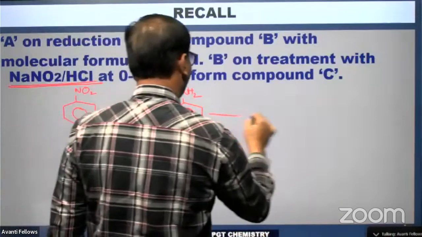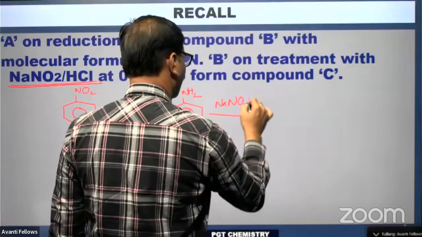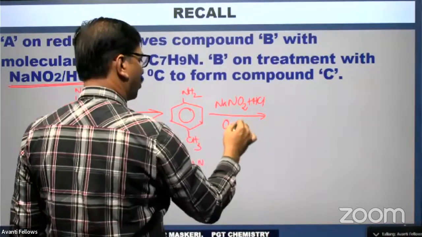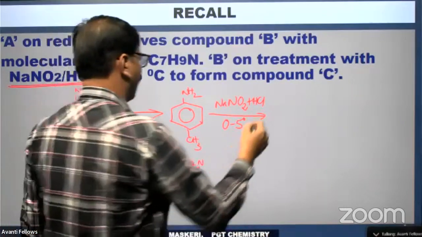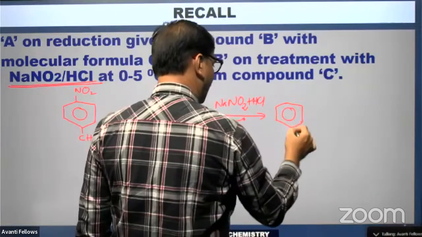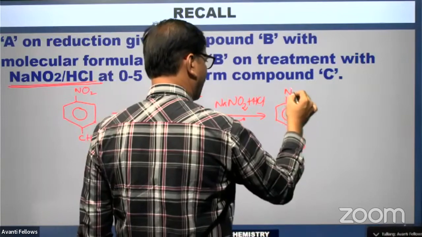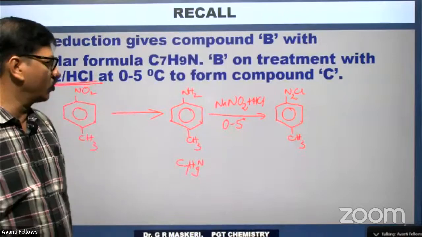So NaNO2 plus HCl at lower temperature, 0 to 5 degrees Celsius. So this will give benzene diazonium chloride. The methyl group which is present here is not affected. Only NH2 is affected; NH2 becomes N2Cl.